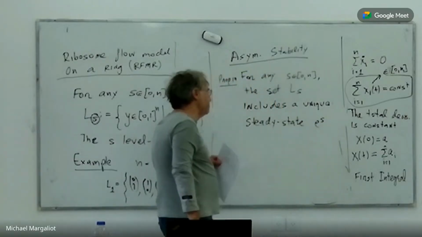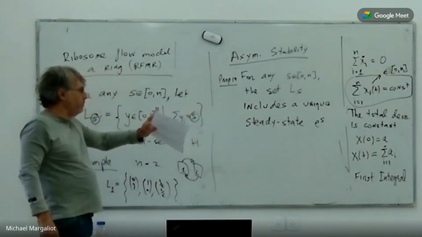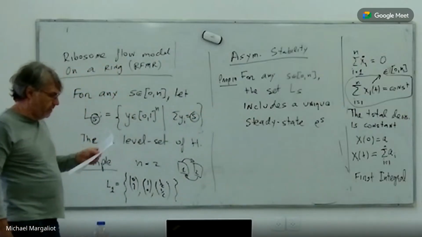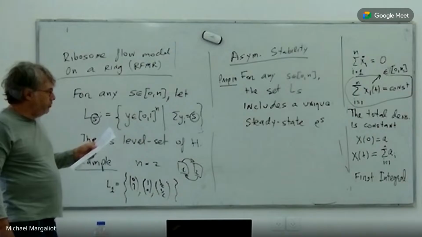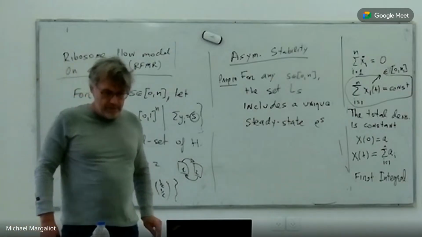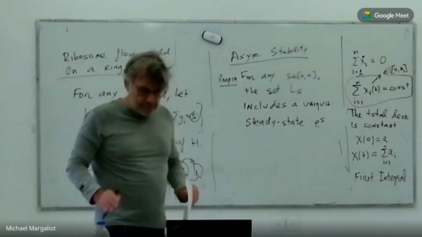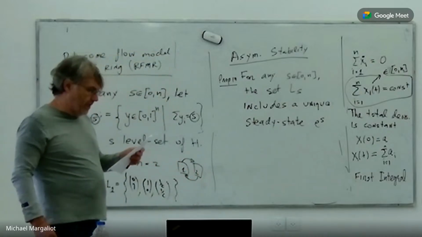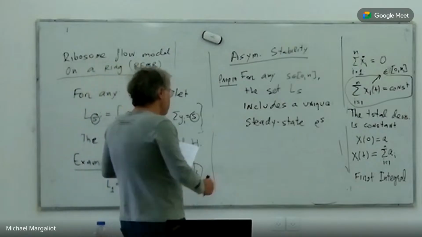I denoted it ES because for any LS, I will have a unique equilibrium there. And I want to make sure from the notation that you understand that this equilibrium point is the one corresponding to LS. So I denote it by ES.